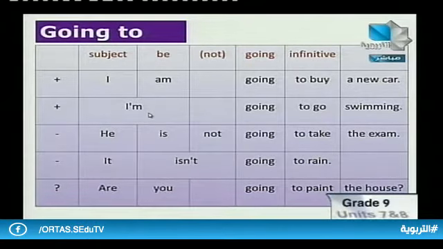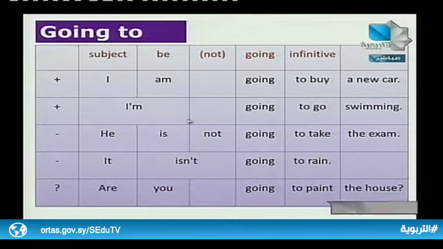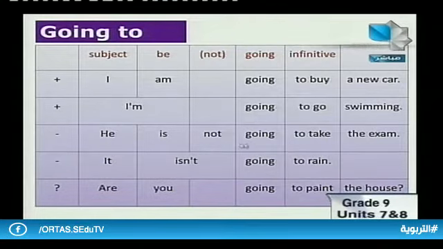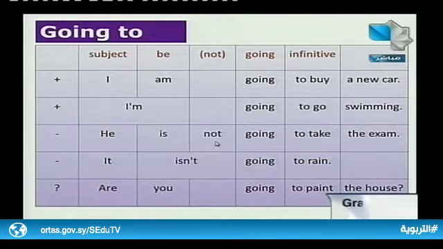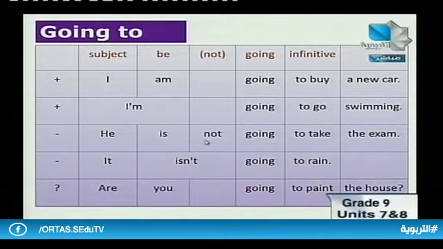We have a short form or an abbreviation for I am, which is I'm going to go swimming. The next one, he is not going to take the exam. Here it is a negative form. We have the helping verb is, plus not, to form the negative. With the personal pronoun I, we use am as a helping verb, and with he, we have is.